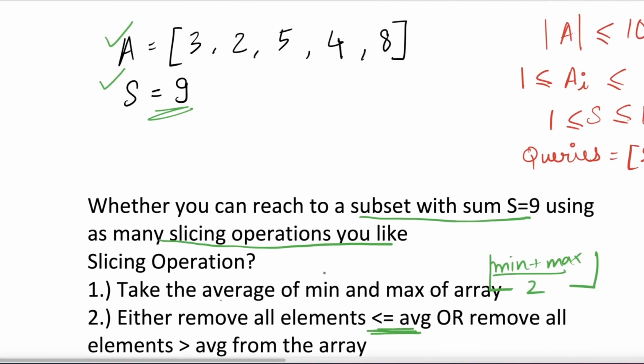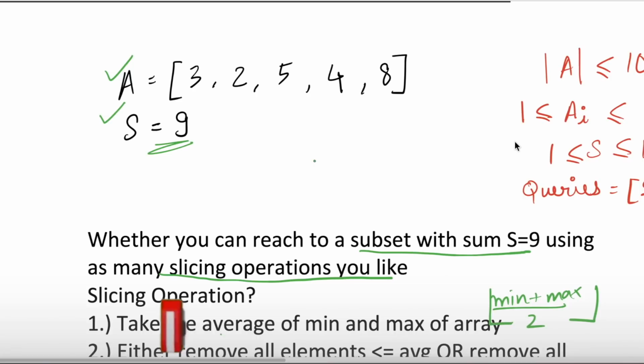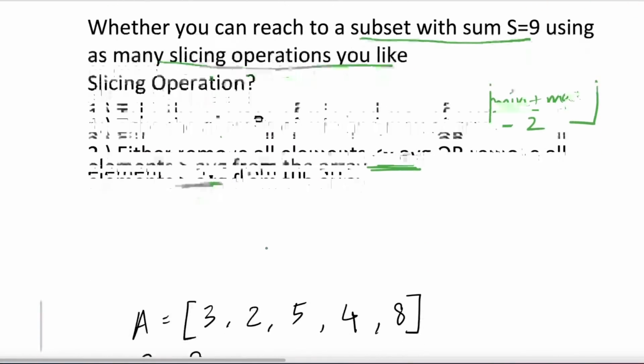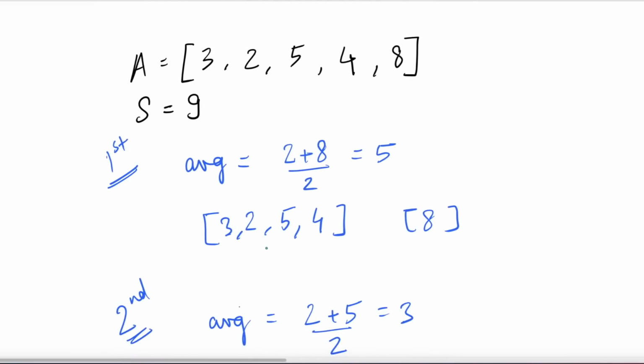So in this way, now you have to tell me that given an array, can you make a subset which adds to 9? And you can use as many slicing operations you want. In our example, in the first slicing operation, you can see the minimum is 2 and the maximum is 8. So the average becomes 2 plus 8 by 2 integer division, which becomes 5.